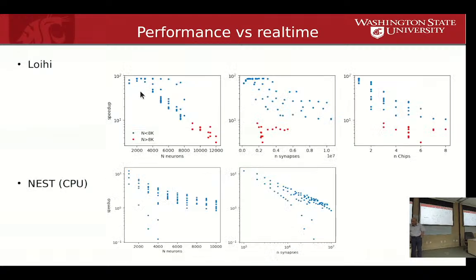For us, things started well on small networks. This is speed up compared to biological real time. This is Loihi and this is NEST on CPU. So we start at about 100 times speed up. The HPC chips could run the same networks at about 10 times speed up.